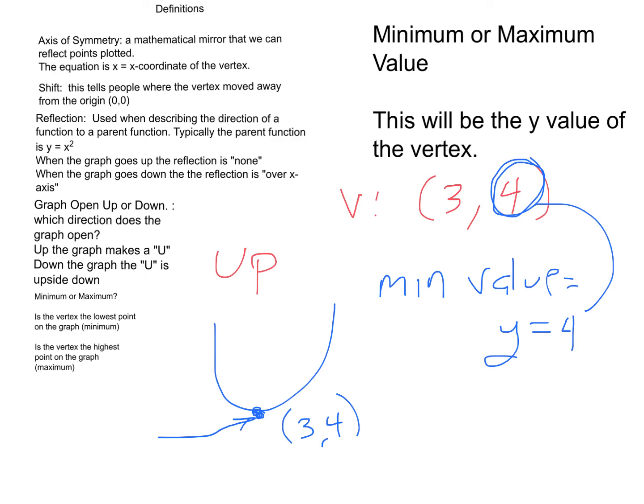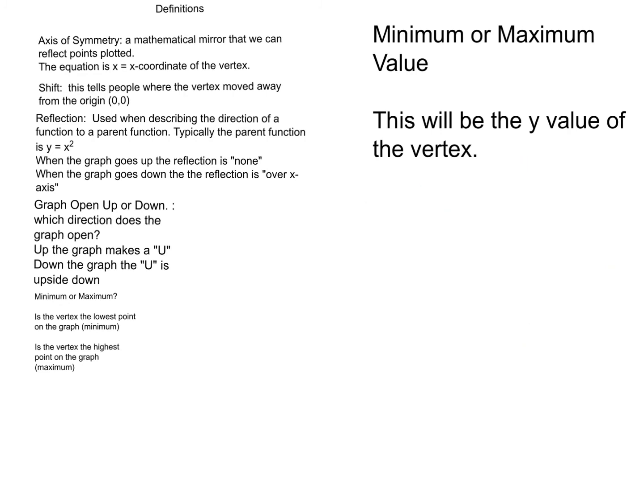Now again, maximum works the same way. So let me clear this out. So if I wanted to do a maximum, my graph would be going down. So it'll look like this. And say the vertex is 3, 4 again.